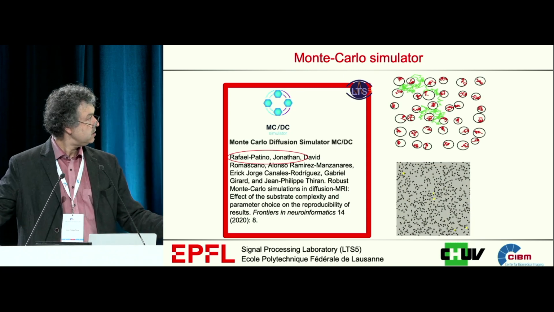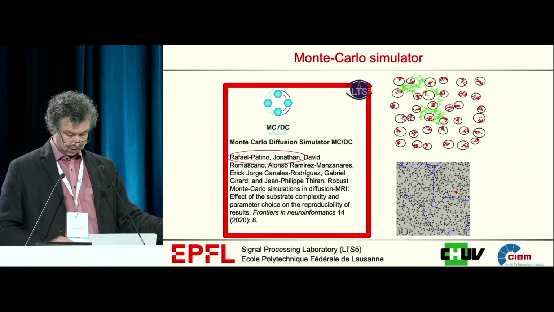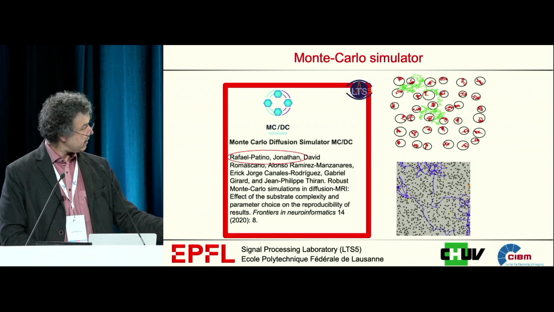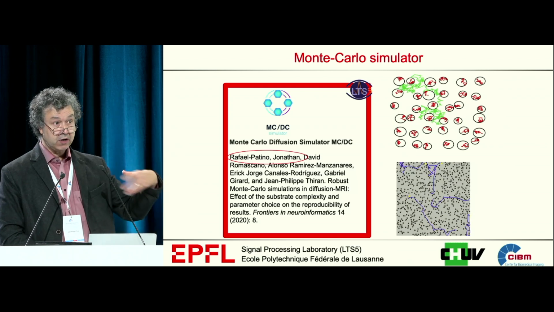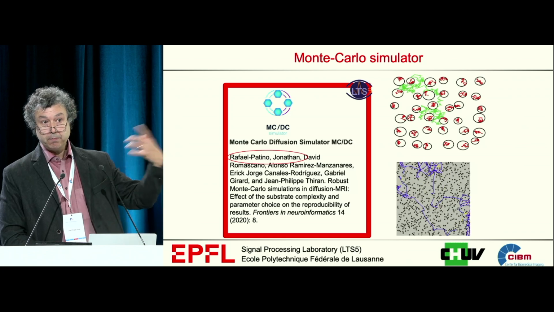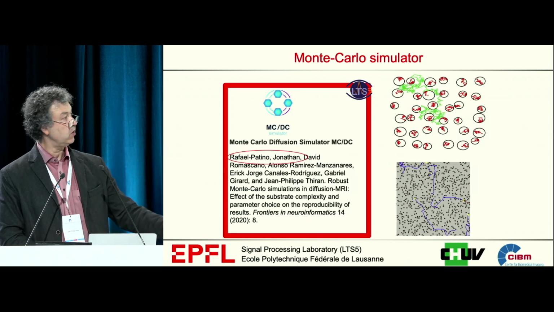So this MCDC simulator has been published, it's available, and it is used by many groups around the world to generate the prototypes, the possible tissue signals that would correspond to a tissue.